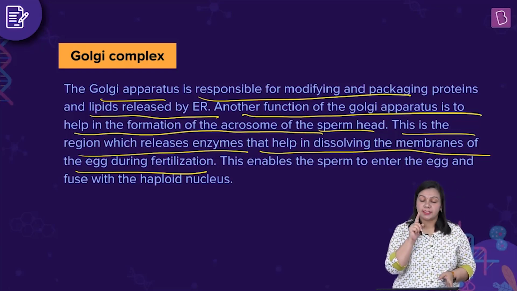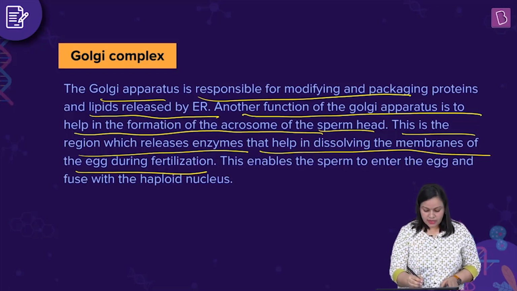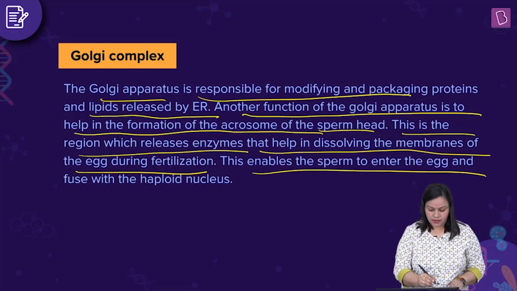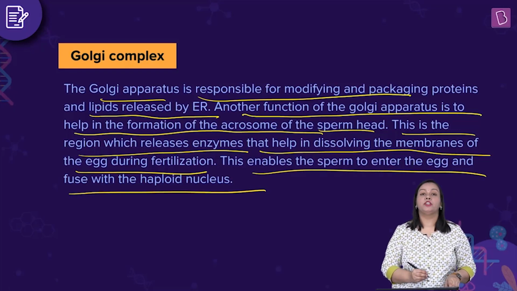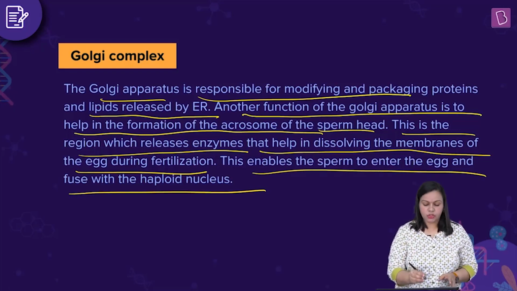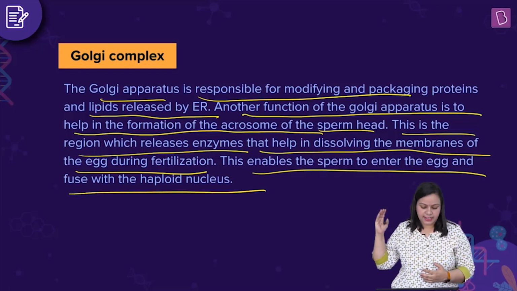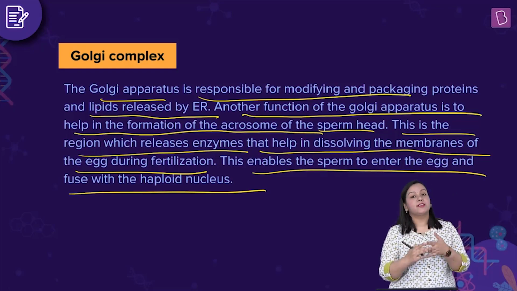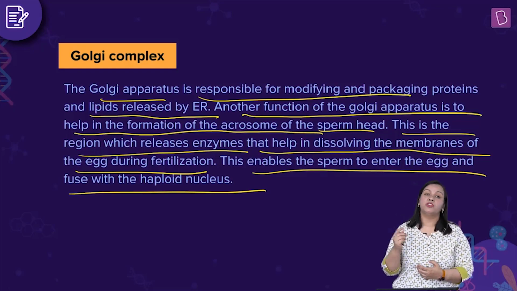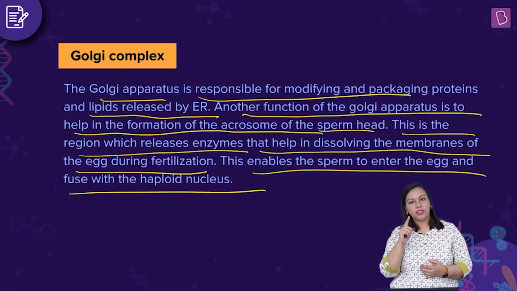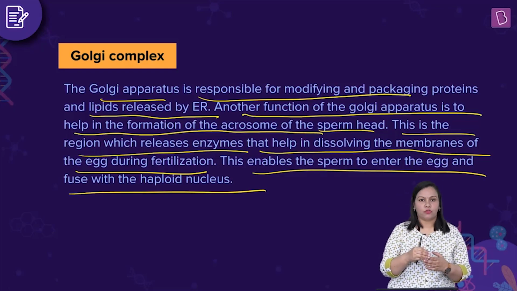So this enables the sperm to enter the egg and fuse with the haploid nucleus. Honestly, even though we just generally say that it enables a sperm to enter the egg, it's actually only the genetic material of the sperm which enters into the nucleus of the egg.